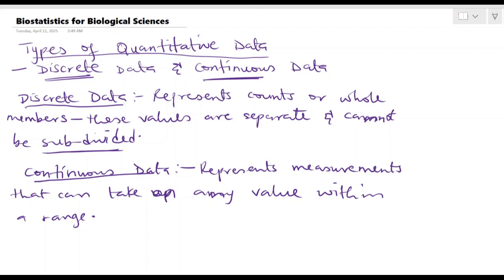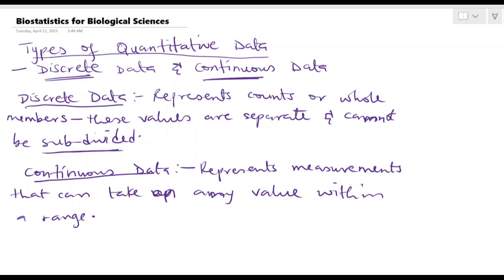Unlike discrete data that cannot be subdivided, continuous data can be further divided into smaller increments, like weight or height. For example, a person's weight could be 167.5 centimeter. It could also be 167.55, 167.555, and so on.